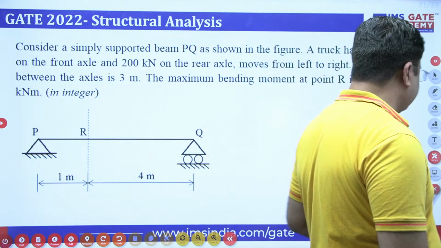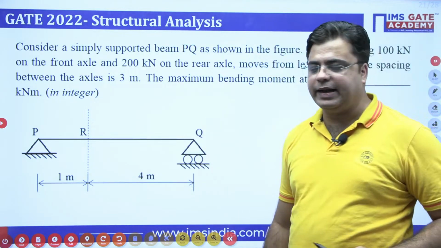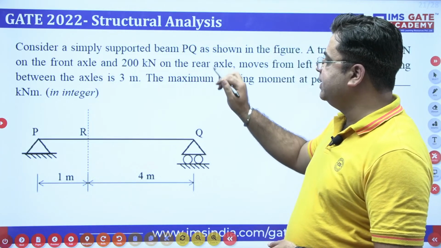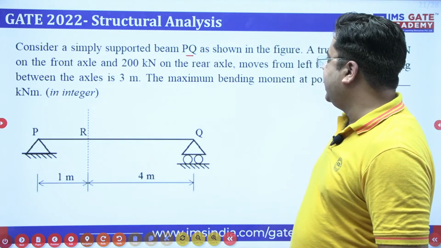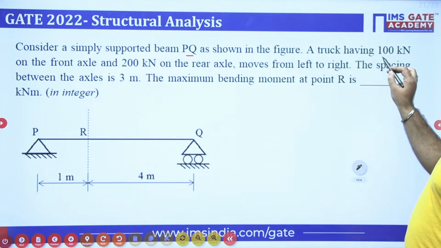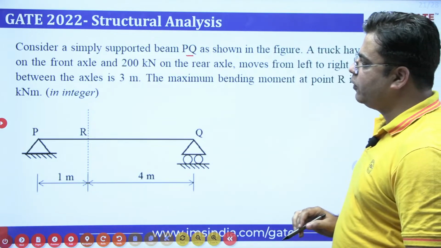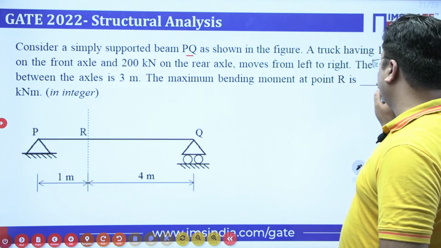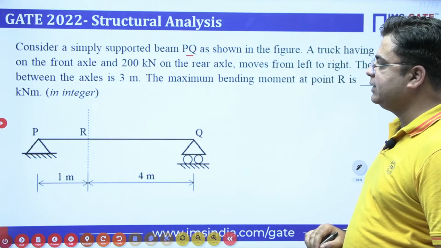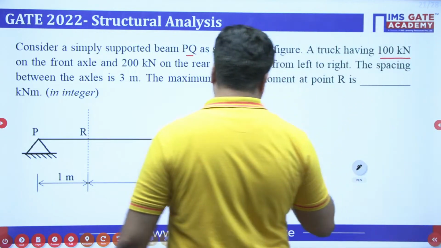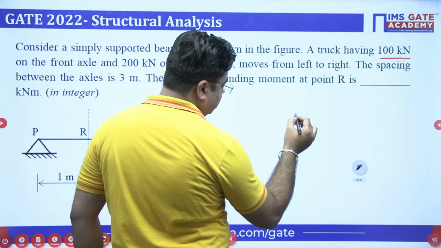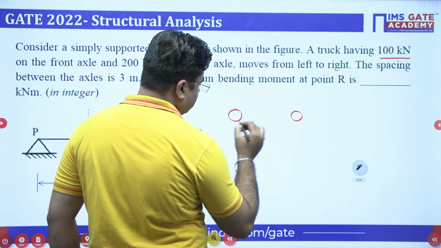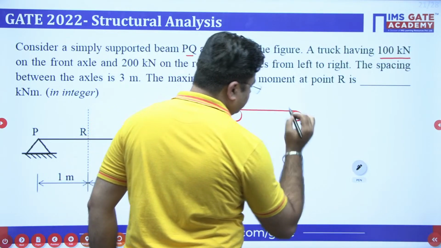This is a very easy question framed from the influence line diagram and the moving loads. The question says: consider a simply supported beam PQ as shown in the figure. A truck having 100 kilonewton on the front axle and 200 kilonewton on the rear axle moves from left to right. The spacing between the axles is 3 meters. So if you consider a truck like this, this is your front axle and this one is your rear axle, and this truck is moving like this.